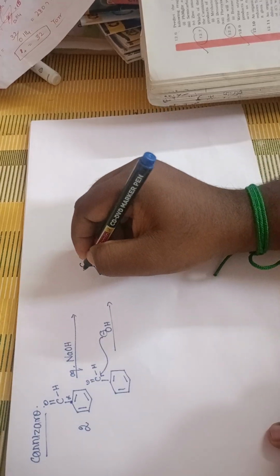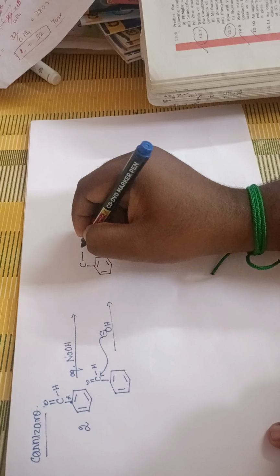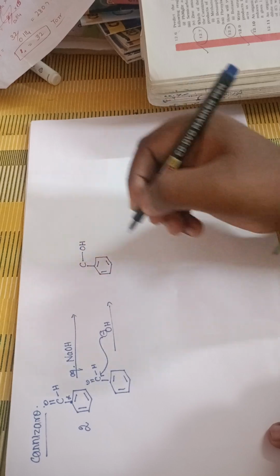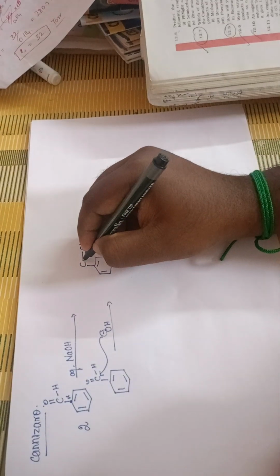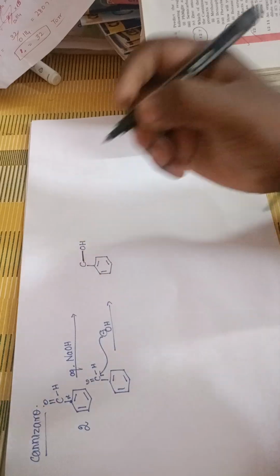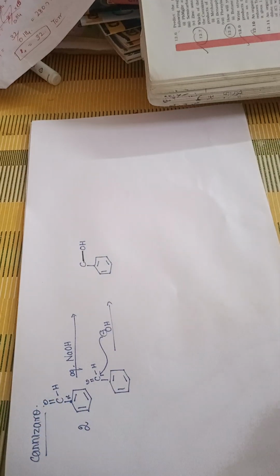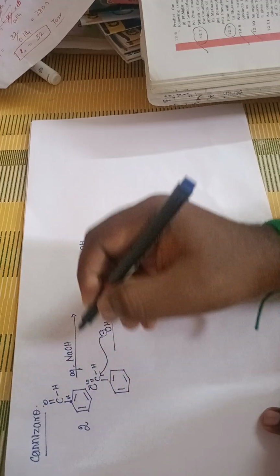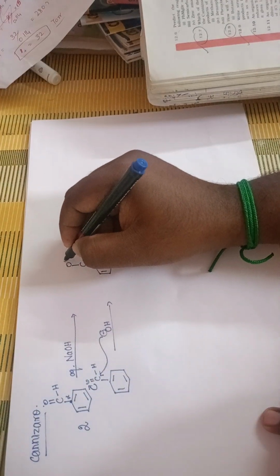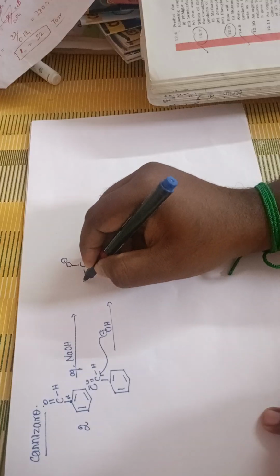A new bond is going to form between carbon and OH. This is a new bond, so I will give a new color for that new bond which is forming. Once the bond forms, the pi bond between carbon and oxygen will break. It will move as a negative charge on oxygen. And this is the already existing hydrogen.